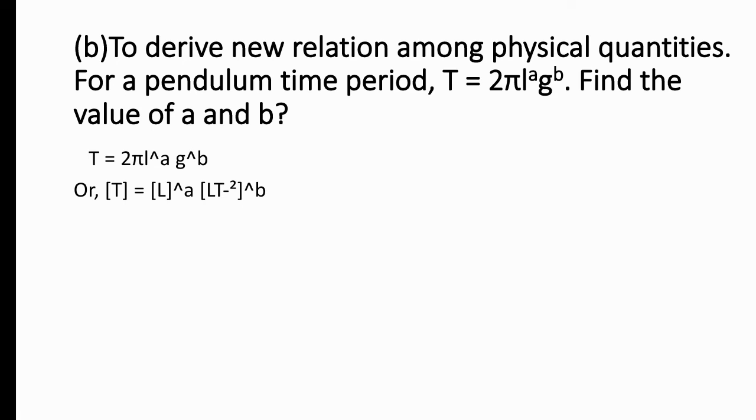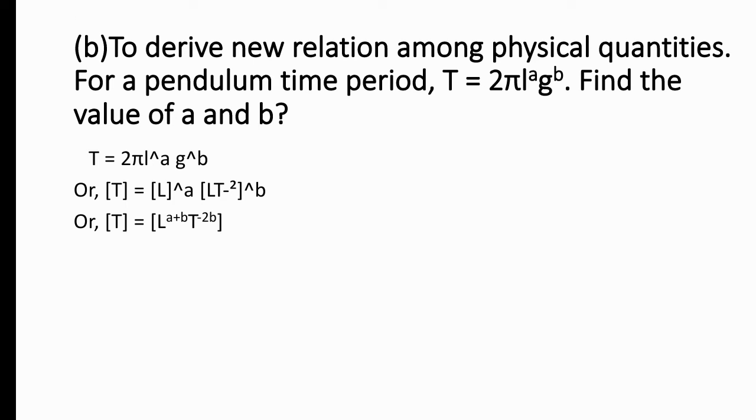If we put the dimensions of T, L and g on both sides: T is time, so capital T; L is length, so capital L; and g is gravitational acceleration, so L T to the power minus 2. So if we put this in both sides, we get capital T equals L to the power a plus b and T to the power minus 2b.